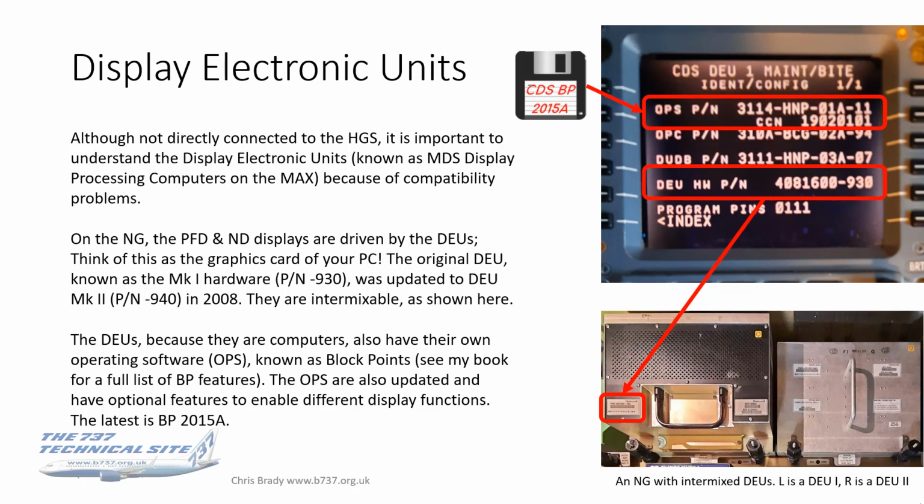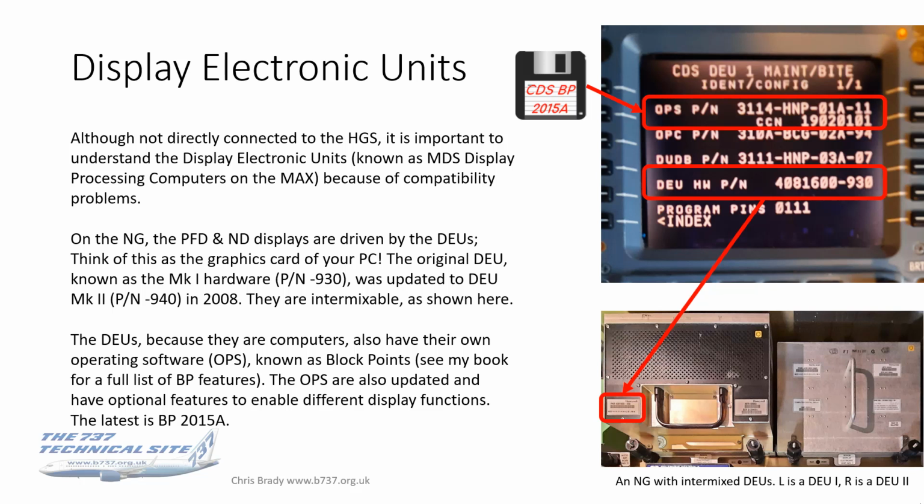because these are computers, they've got their own operating software, just like the HGS has, and just like your FMC has, and just like so many other components have. These are known as block points for DEUs, and in my book I've got a full list of the block point features.